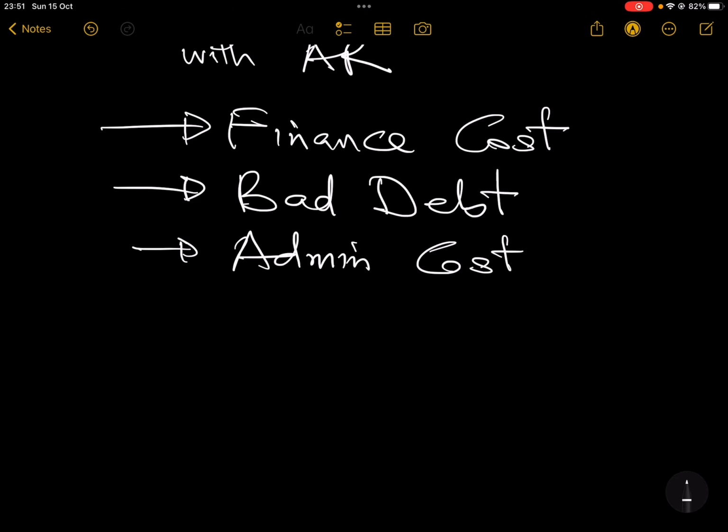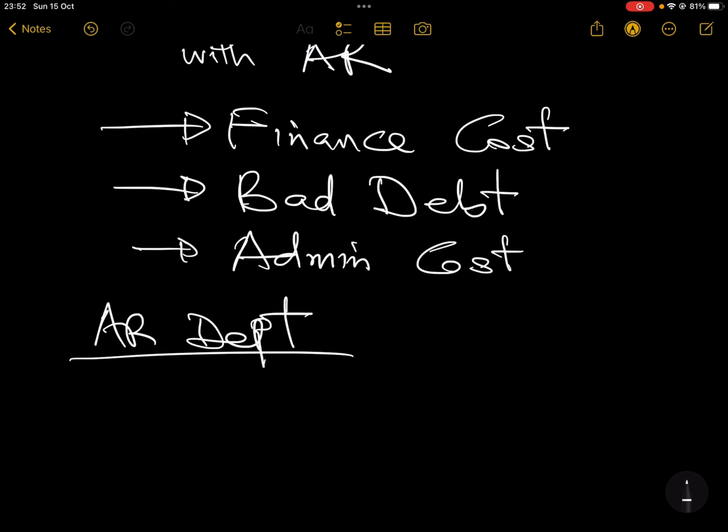Let me explain each of these items, starting from the easiest one, which is admin cost. Admin cost is just the cost you have to pay your staff who are saddled with the responsibility of ensuring that customers pay their debt as early as possible. So you have these people you call account receivable staff or account receivable department. All they do is invoice customers and follow up on those invoices to ensure that the money is collected on time.